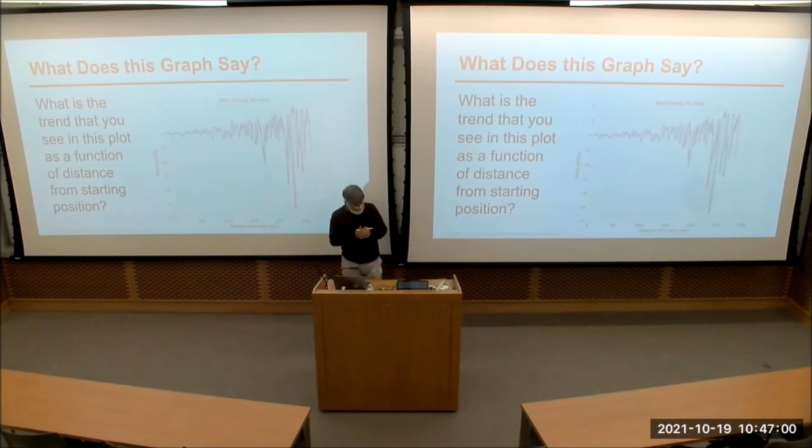Here was a graph that one of my students constructed where they were trying to plot the mean energy of a gene. You don't need to know what this thing is, but what do you need to know about genes? Genes have energies according to the structural energies. And this is a measure of how much energy was there at each position of the gene.